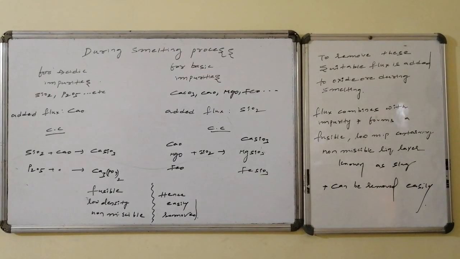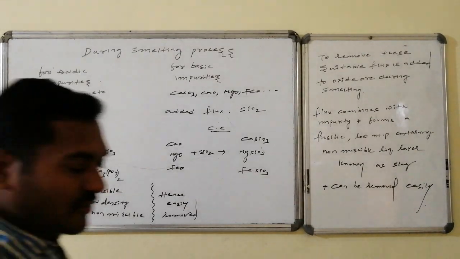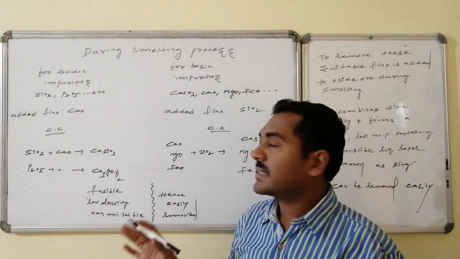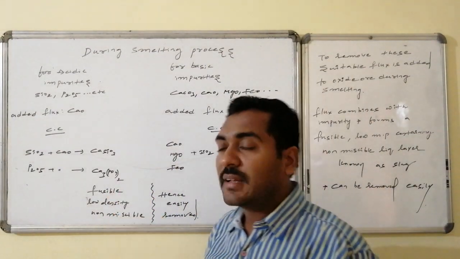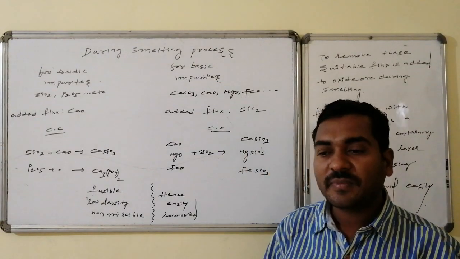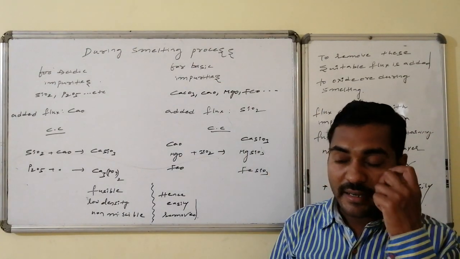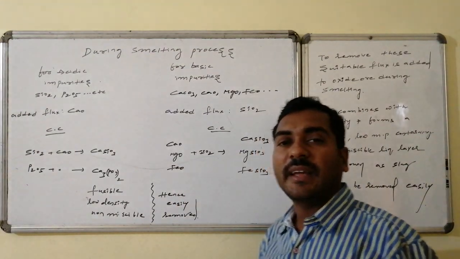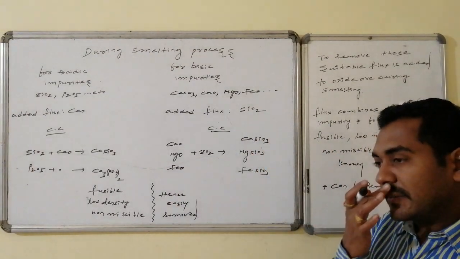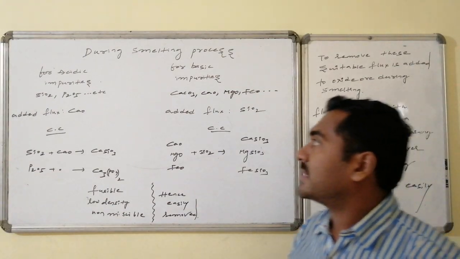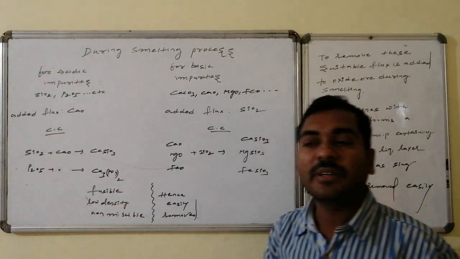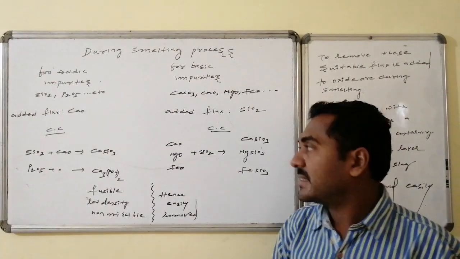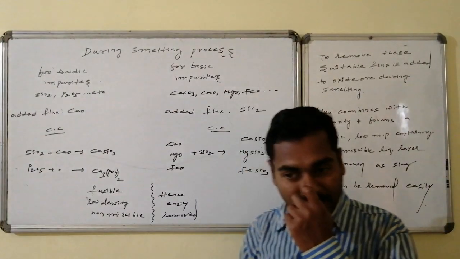During this smelting process, if the oxide ore has acidic impurities like silicon dioxide or phosphorus pentoxide, or basic non-fusible impurities like calcium carbonate, calcium oxide, magnesium oxide, and ferrous oxide, then for the acidic impurities a basic flux like calcium oxide is added.